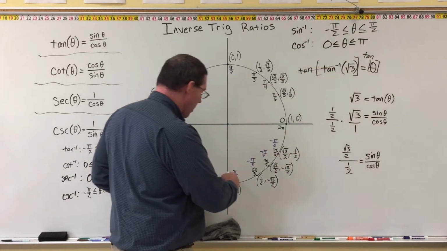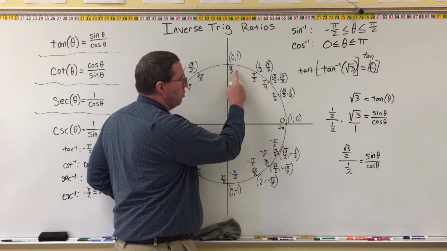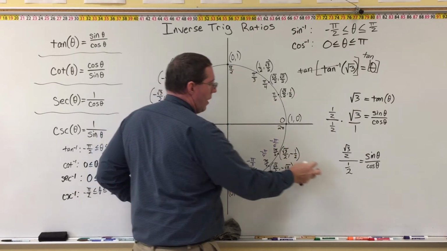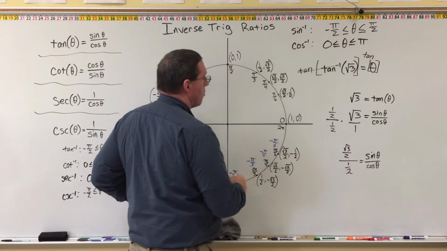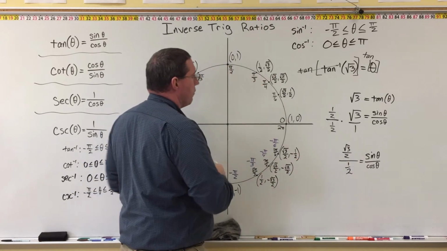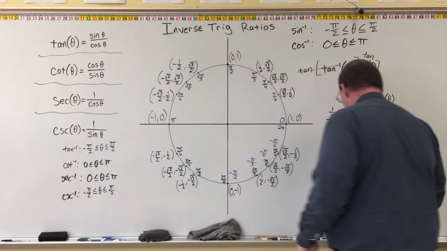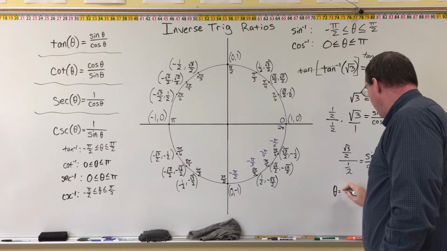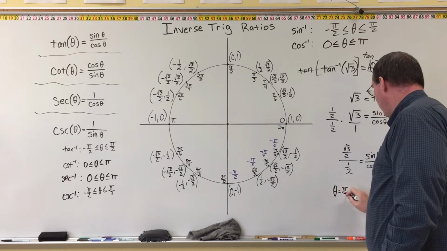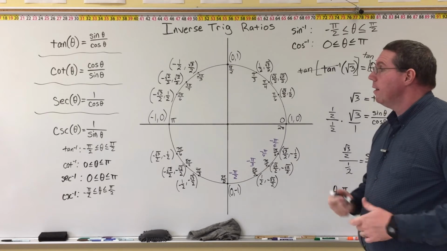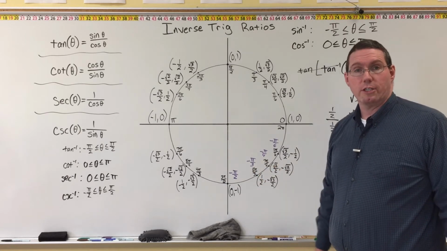So between negative pi over 2 and pi over 2, the coordinate that has cosine 1 half and sine square root of 3 over 2 is pi over 3. And therefore the answer to theta for this question is pi over 3. Okay? All right, let's try one for cotangent.